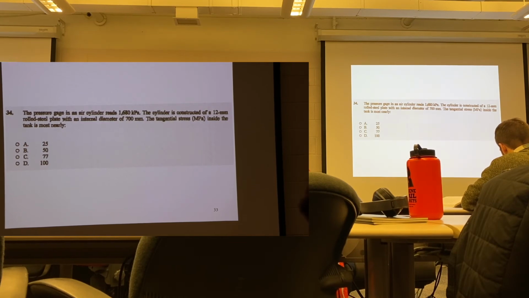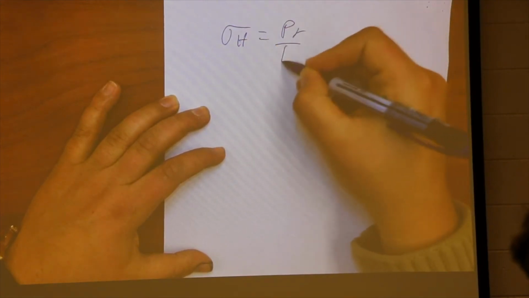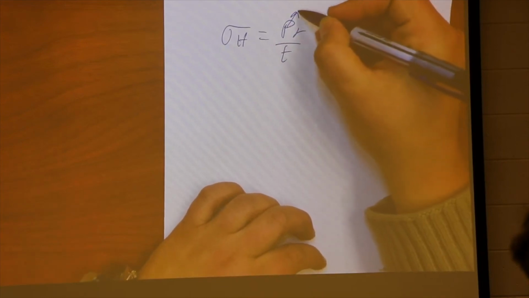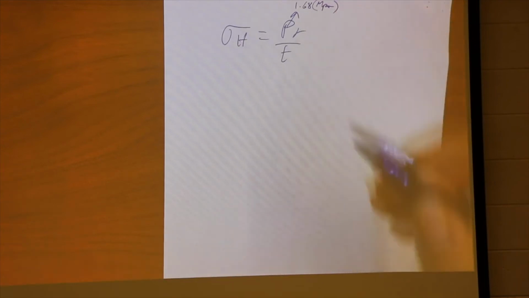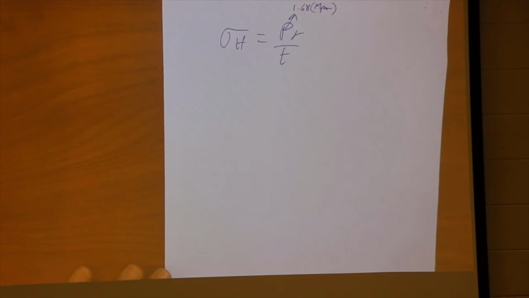So basically, what you are dealing with is the following. Sigma hoop equals PR over T. This P is 1.68 megapascal. T is given to you as 12 millimeter.